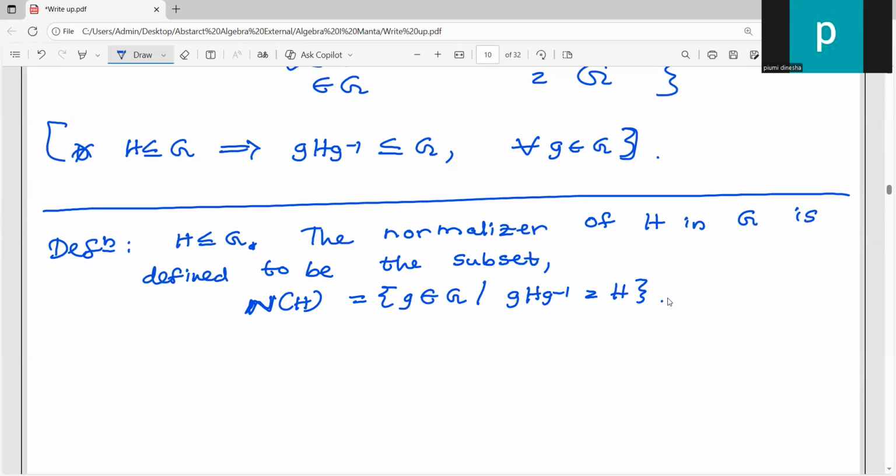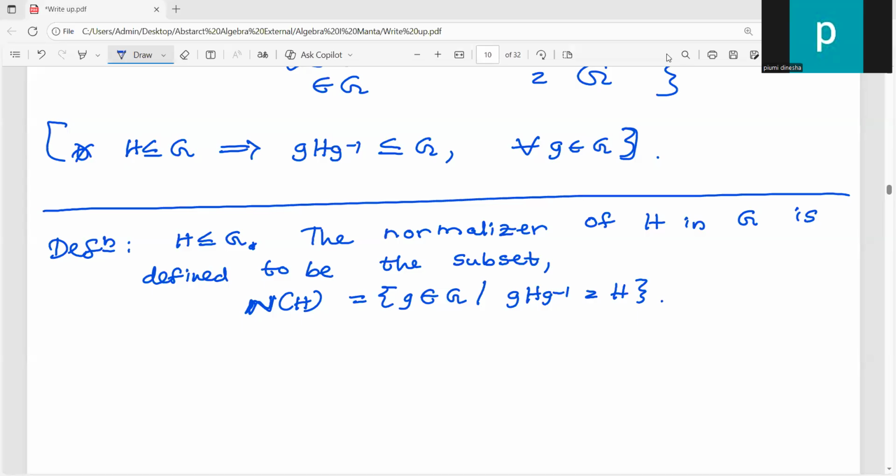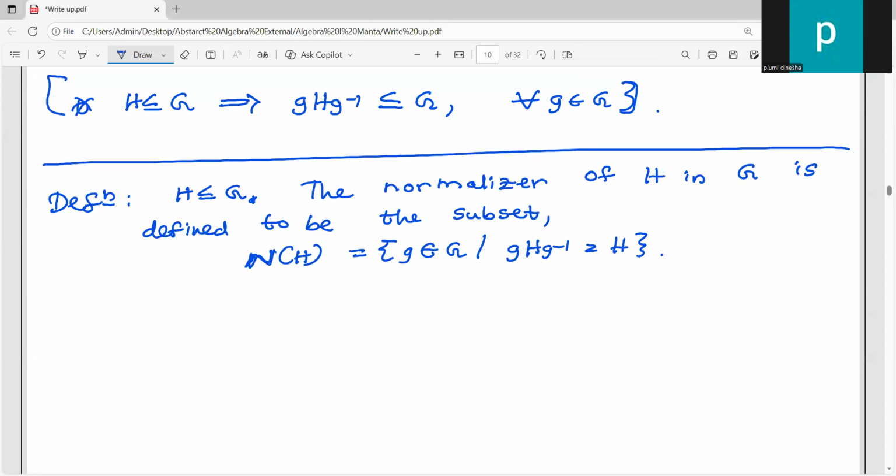Now we can prove that the normalizer is a subgroup of G. Let me state this as a theorem.